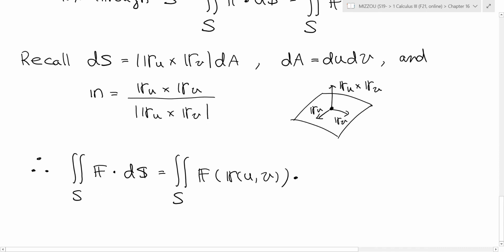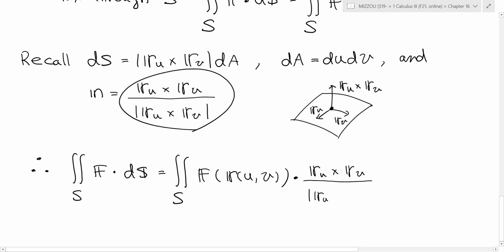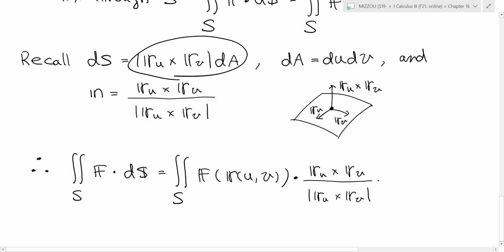But what's n? n is this, Ru cross Rv divided by its magnitude, and then times dS, but dS is written this way, times dA, where dA is du dv.